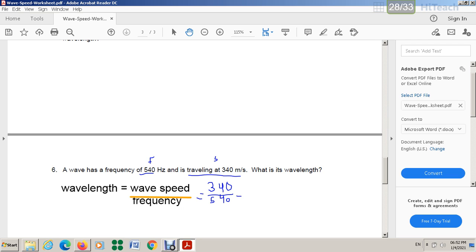Also here, it is equal to 340 divided by 540, which is equal to 0.63 actually. The unit for wavelength is meter. Okay, so this is for this question.